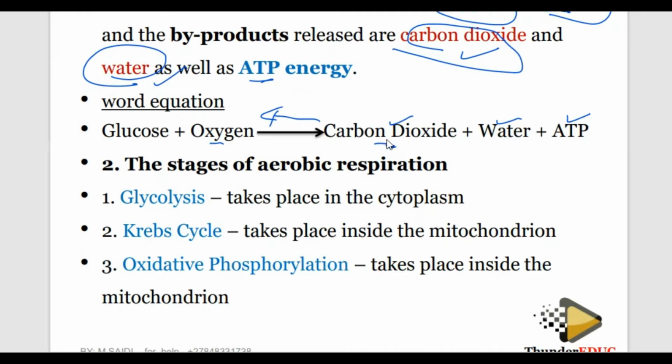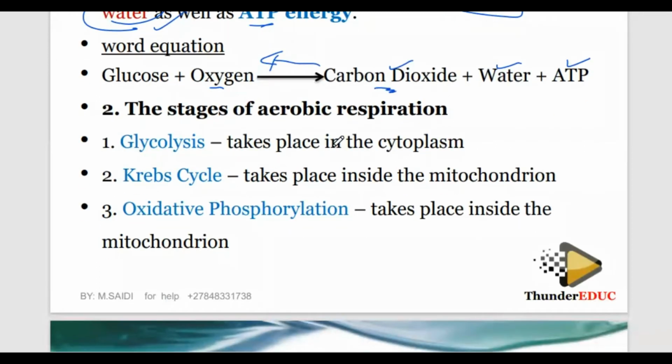So the stages of aerobic respiration include glycolysis, Krebs cycle, and oxidative phosphorylation. Glycolysis, where does it take place? It takes place in the cytoplasm. Krebs cycle, where does it take place? It takes place in the mitochondrion. We have to see exactly where in the mitochondrion it takes place.